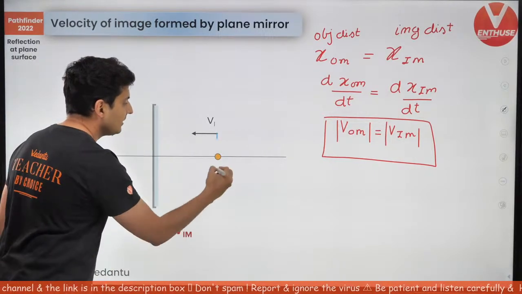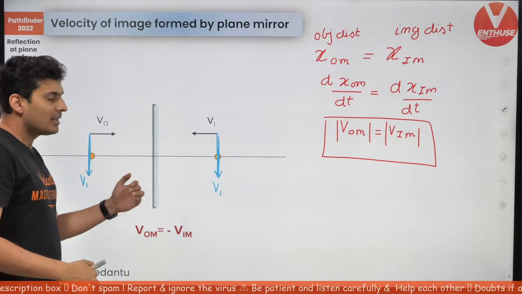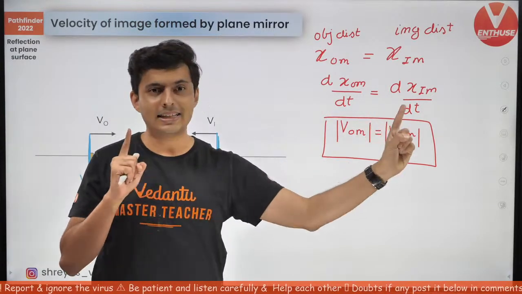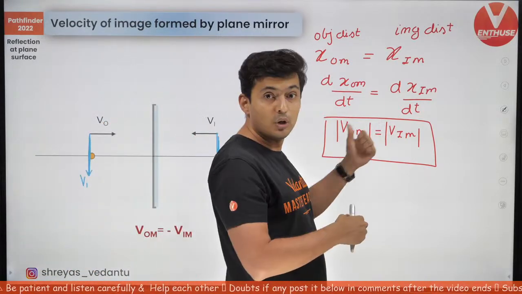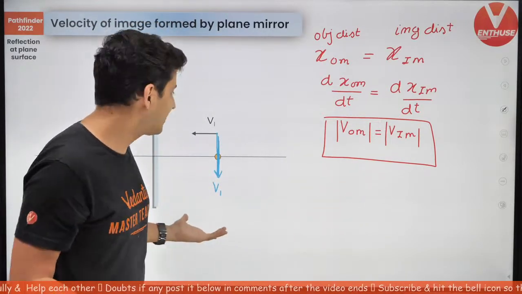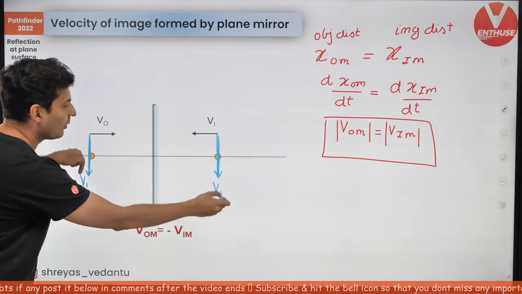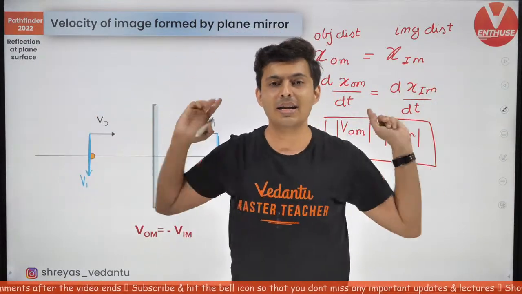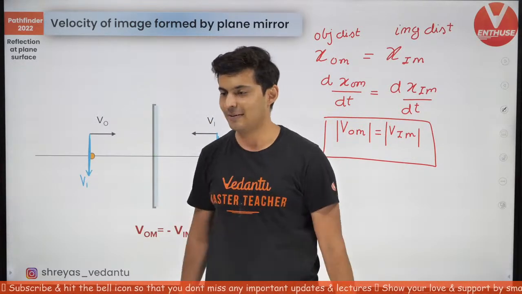In the image, that velocity will be as it is. Keep this in mind, because if you are moving parallel to the mirror, your image will also go that way only. It will be very weird if this is the mirror, you walk this way, and your image walks that way. You will get scared, you will think you are a ghost. So, if the object goes here, the image behind the mirror should move along with it, it cannot go opposite. So all the components along the mirror are as they are, there is no change in that. I hope this is clear.